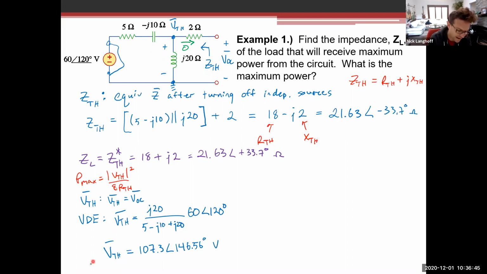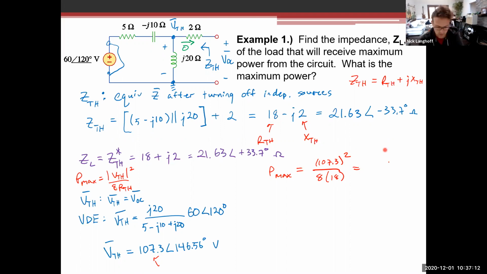Now that we have that, we can easily calculate P max. Remember, it's the magnitude of V Thevenin, and we have that magnitude there. So it's 107.3 volts squared over 8 times R Thevenin, which is this 18 ohms there, which we had calculated.